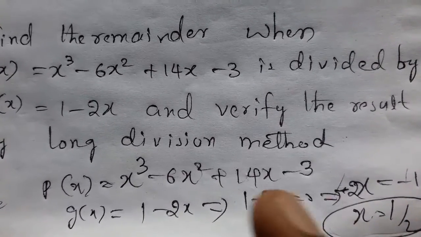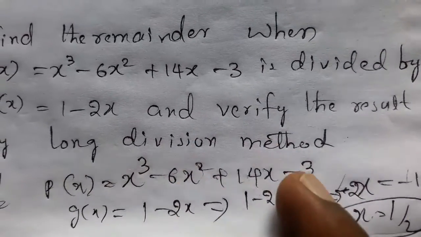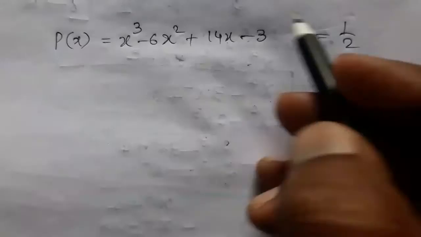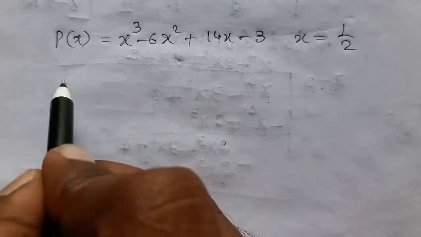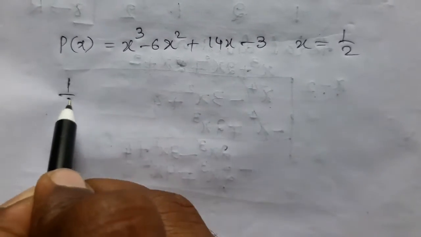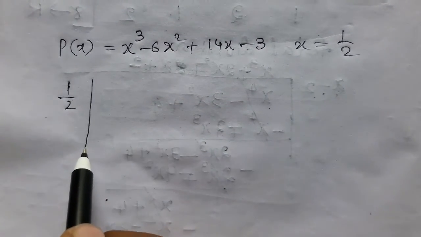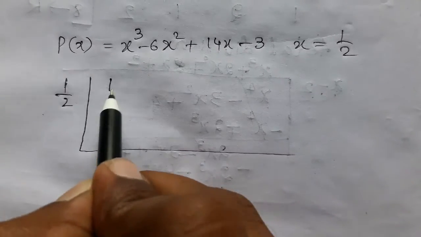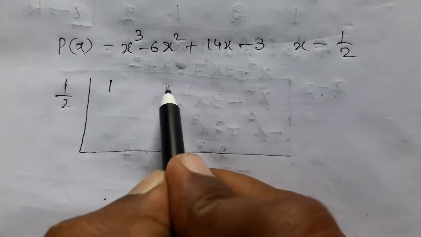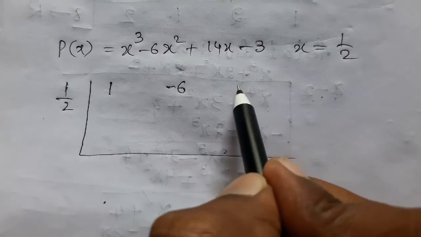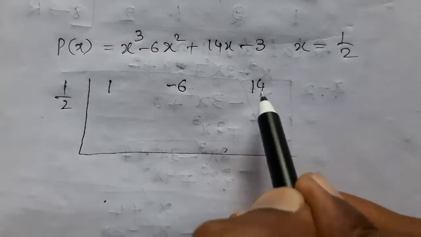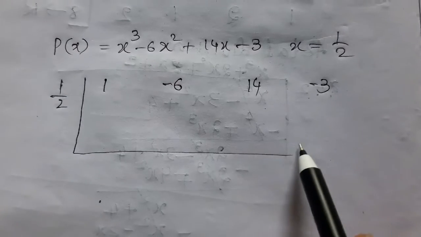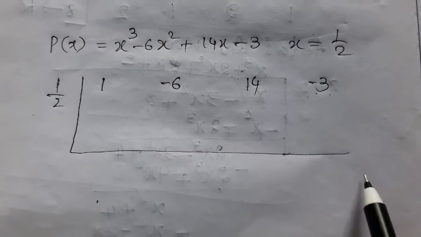By using this 1 by 2 and this polynomial, we do the synthetic division method. So write this 1 by 2 like this. x cube coefficient is 1, x square coefficient is minus 6, x coefficient is 14, and next the constant term is minus 3, isn't it?